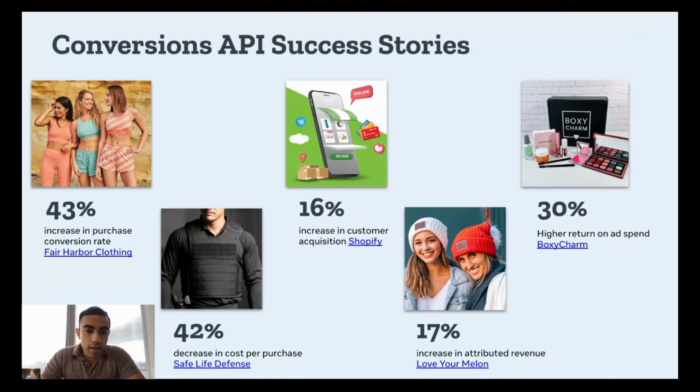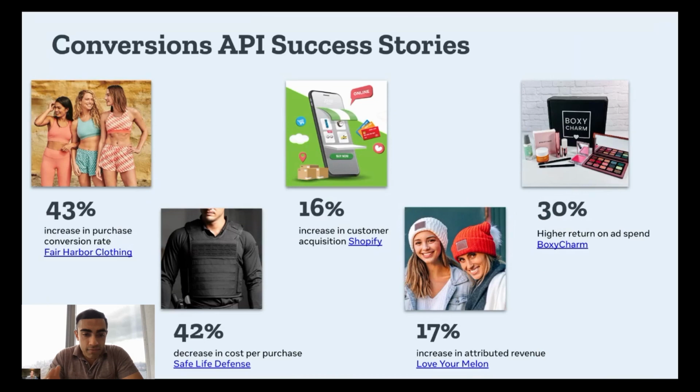All right, so thanks so much. Yeah, absolutely. As I've said, this is all about improving campaign performance. And as you can see here, these are just a very small sample of success stories that we've seen from businesses using the Conversions API. I'm not going to read every single one of these, but the key takeaway is that all of these instances are centered around bottom line business results, like increased conversion rate, decreased cost per purchase, increase in revenue, and higher return on ad spend.